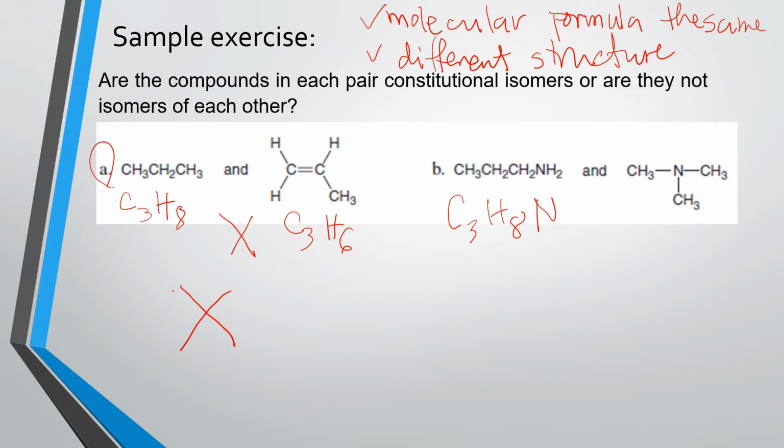How about yung isa? C ilan? 3. H ilan? 3, 6, 7, 8, 9. N ilan? Isa. Tama ba? 3, 4, 5, 6, 7. Ay, 9 pala to. Sorry. 9. Ayan.